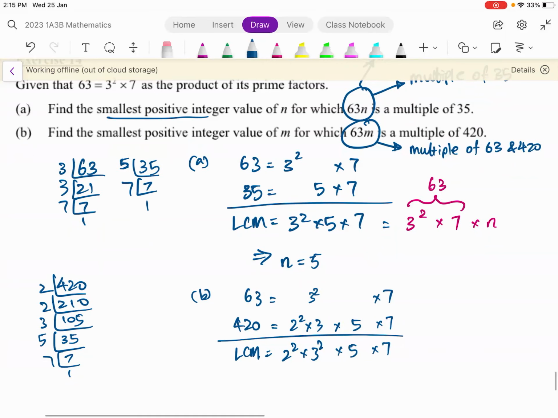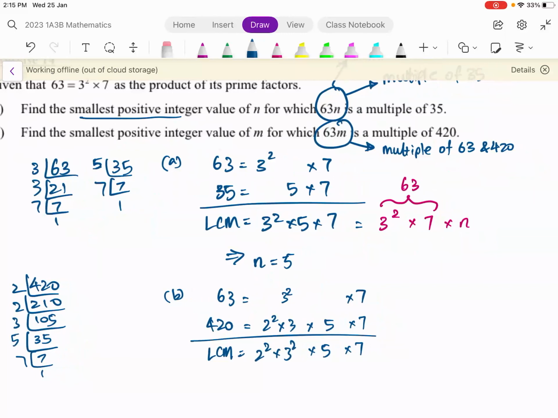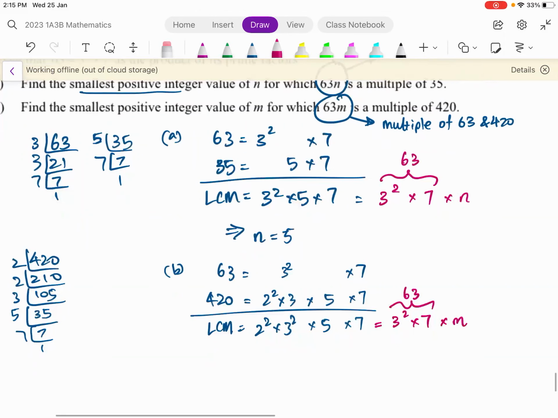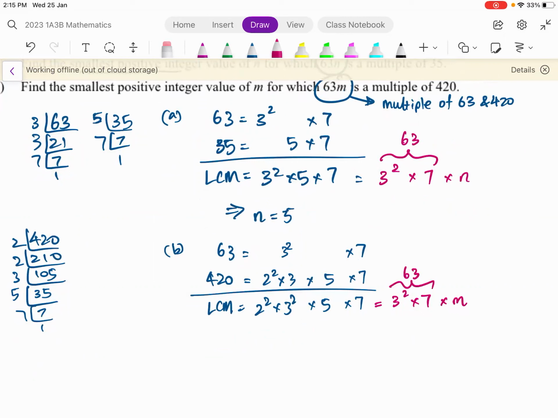This is our LCM, which is supposed to be equal to 63, which is our 3 square and 7 times m. So identify what is the value of m. It's just the last part already.